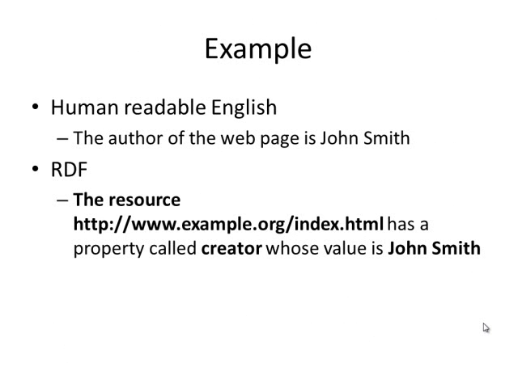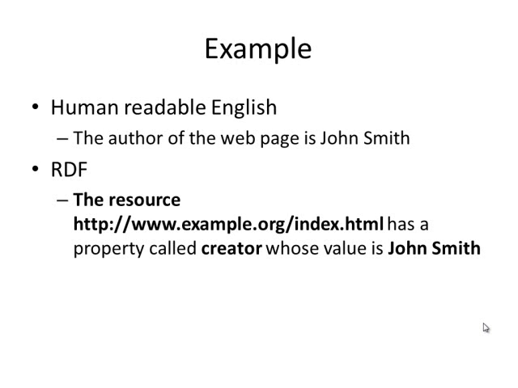So in English, I might say the author of the web page is John Smith. And while it's very understandable to us, it's not particularly understandable to machines. And so RDF says that the proper way to express that is to break this into the subject, the predicate, and the object. The subject here is actually the web page.